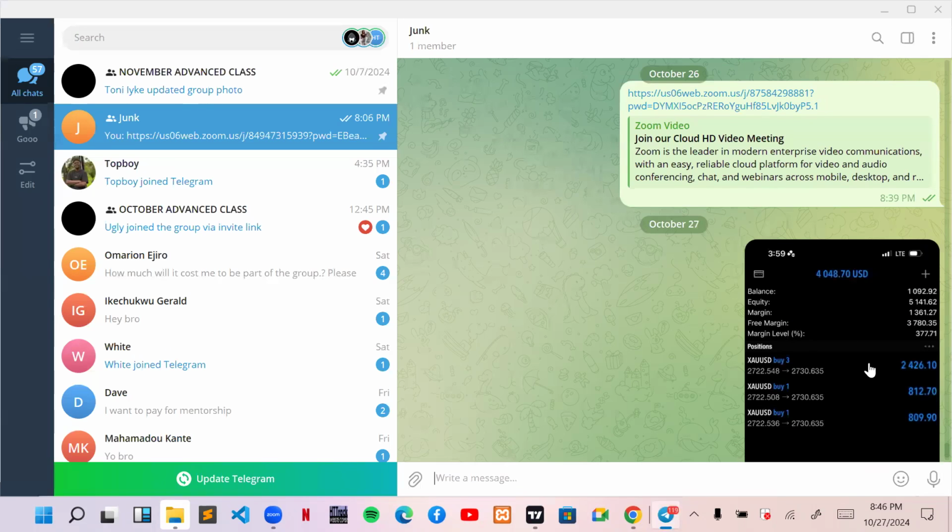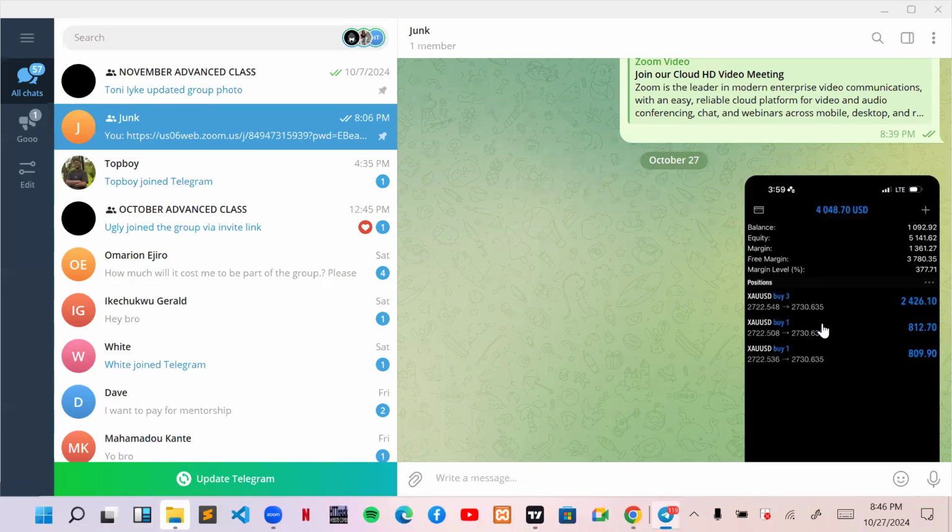Okay, this is the first one, and let me see if I have the second one. I don't know if I still have the screenshot. But this was the first buy on gold.